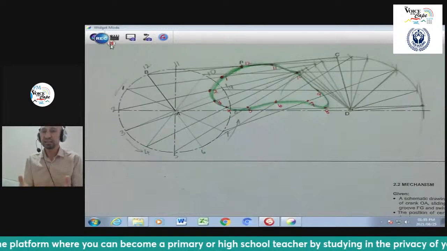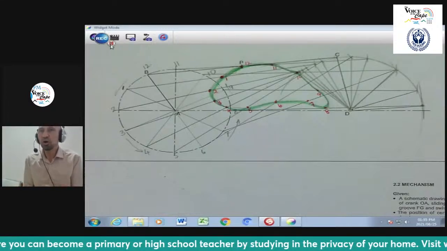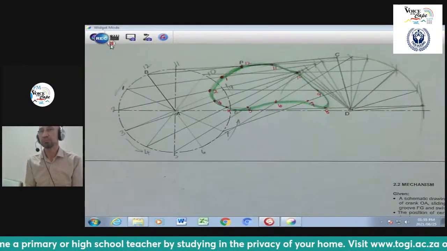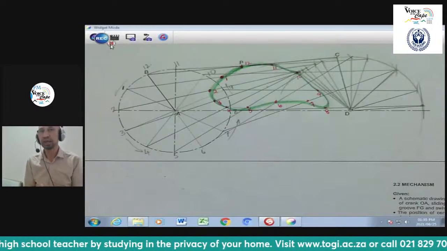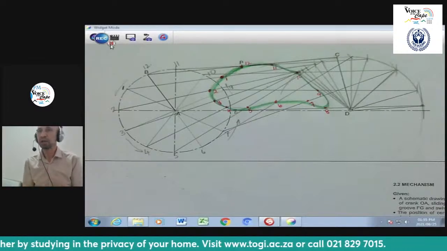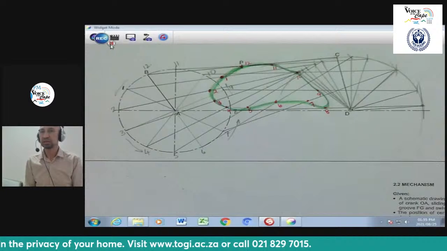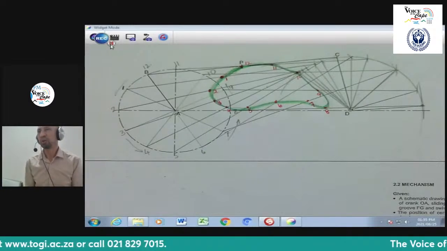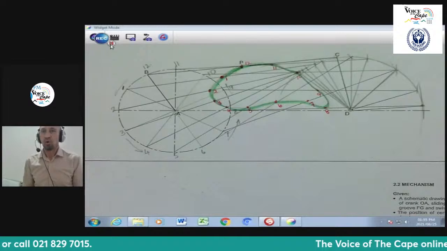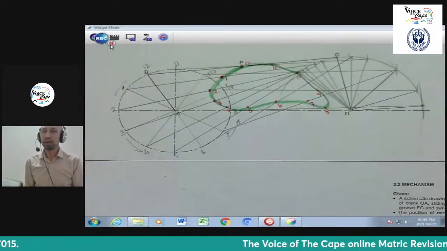And like I said, these are just two of many mechanisms in past papers. I would suggest that you take some of those papers and work through some of these combinations. But I'm really hoping that they could ask an easy one, or maybe just a cam, or something that you will be able to manage and benefit from this session that we have.